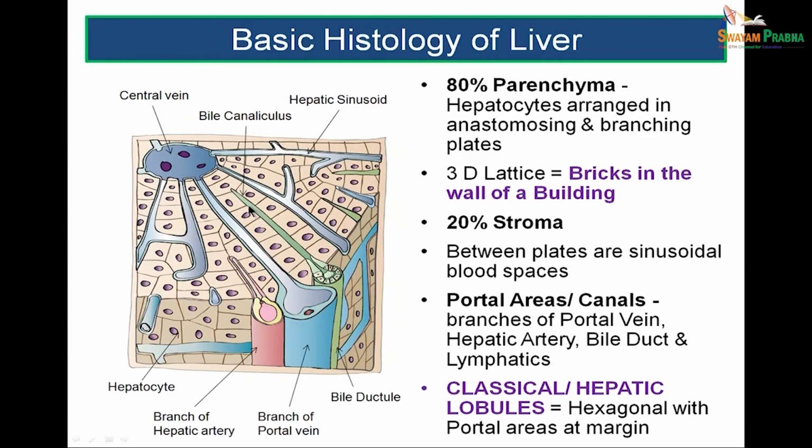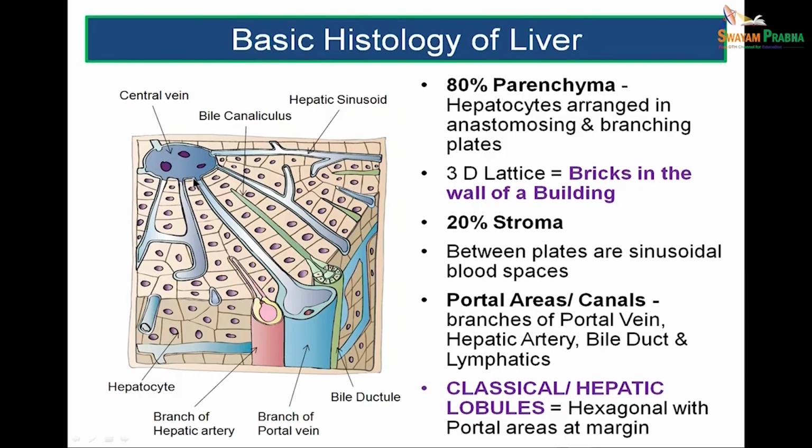The ones in green that you see here, these are the bile canaliculi, and they drain bile secreted by the hepatocytes towards the bile ductules in the portal regions. Also present in the portal region, you can see a branch of the hepatic artery which goes between the cells to supply them and drains towards the central vein. So this is the central vein here.